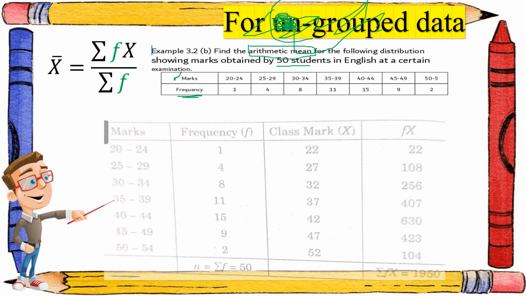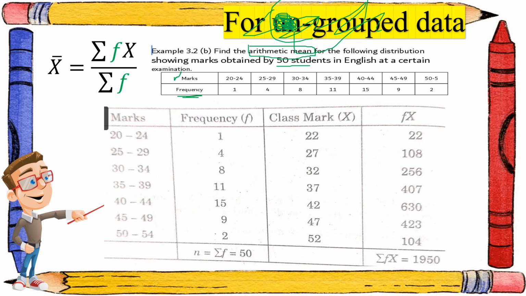For this we have to make the frequency distribution table, and if you don't know how to compute that table, how to compute class mark, how to compute fx, please go and watch my previous video. There I have explained thoroughly how to calculate class mark. Basically class marks are also called midpoints.